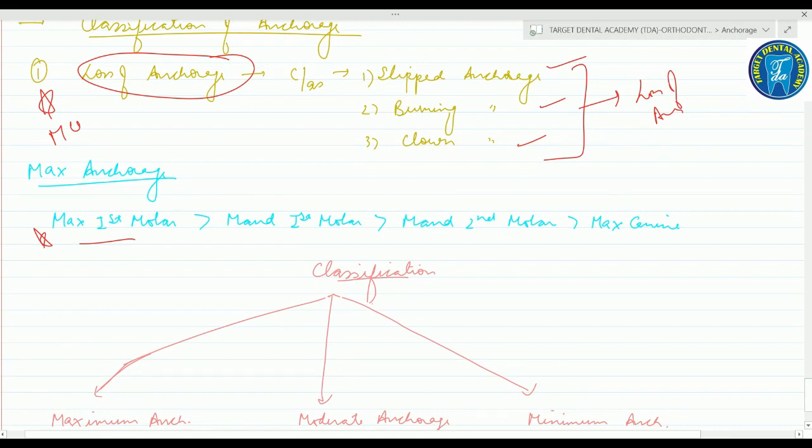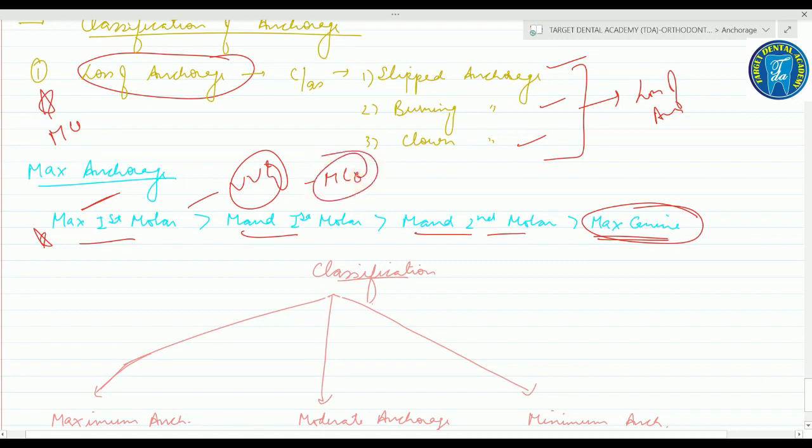The maximum anchorage is provided by the maxillary first molar, then by the mandibular first molar, then by the mandibular second molar, and lastly by the maxillary canine due to its long root. Very important, commonly asked MCQ.